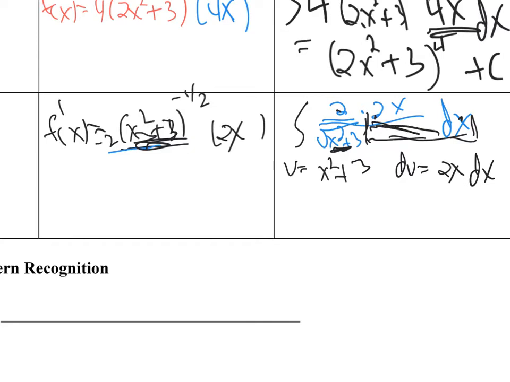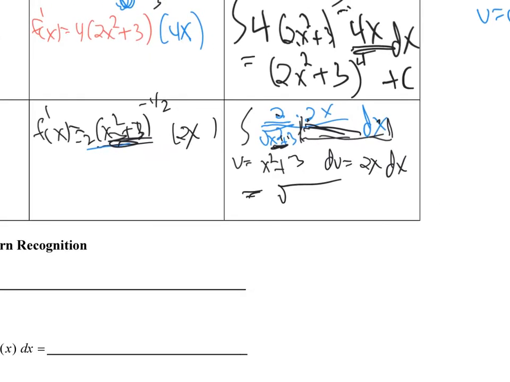There it is. So it's not a surprise that that answer has to be the original problem, which was the square root of x squared plus 3, without overthinking it. I actually talked way too much about these problems.